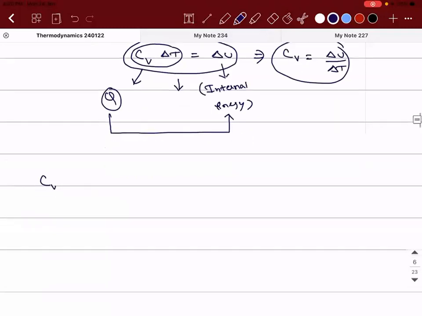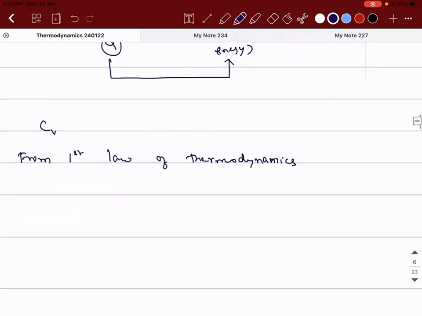Again, from the first law of thermodynamics, I can say delta Q is equal to delta U plus P delta V, where P is at constant pressure, right?